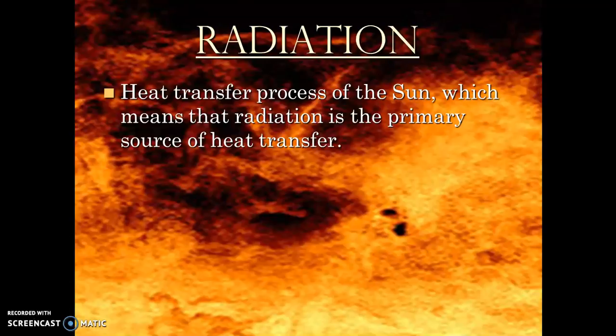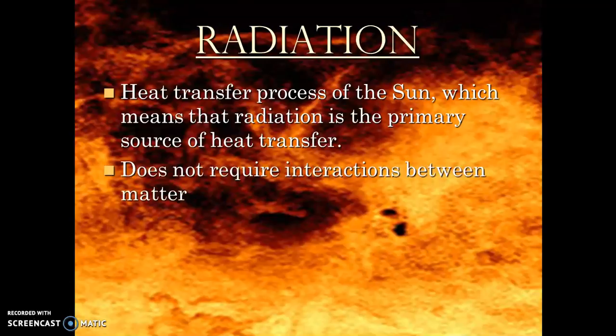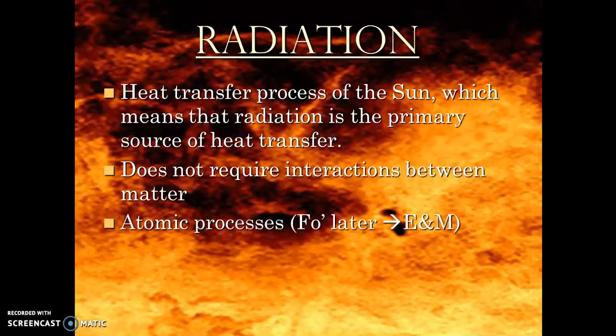But in this case, radiation happens where we don't require any sort of interaction between matter. Electromagnetic waves actually can move through the vacuum of space, and they can transmit energy from things that are not matter, like photons, to things that are matter, like the atoms in metal. But again, this will come back later.